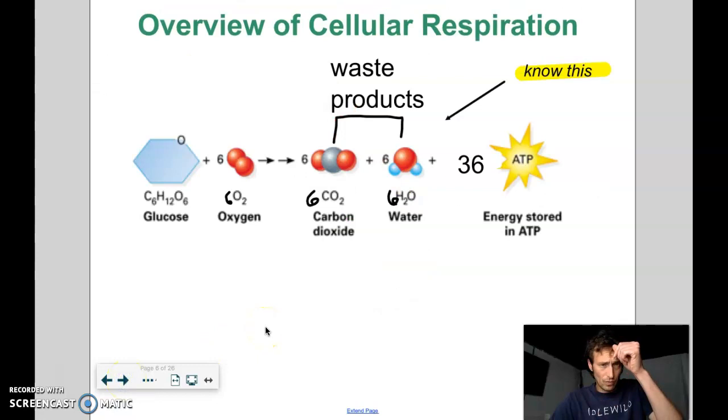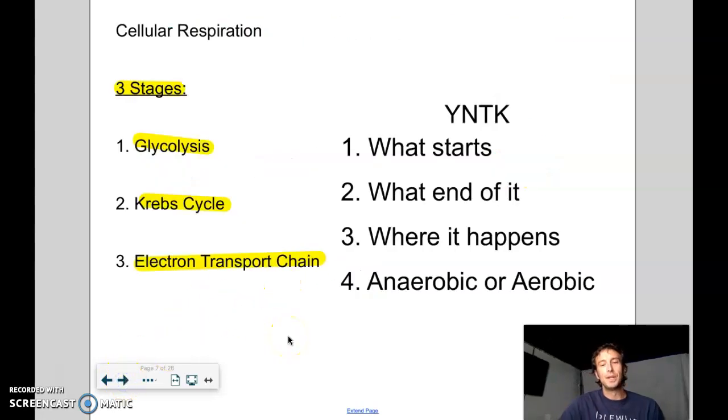So the overall chemical reaction here should look familiar to you. If you were to take away these 36 ATP, essentially we are looking at the photosynthesis reaction, but in reverse. Okay, so cellular respiration has three stages to it.